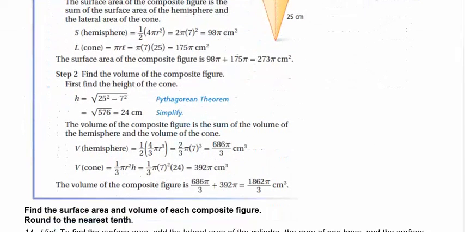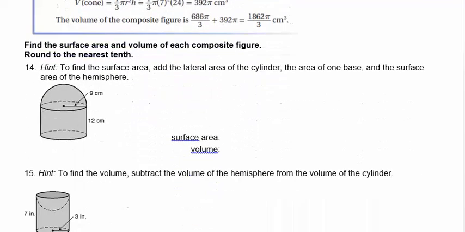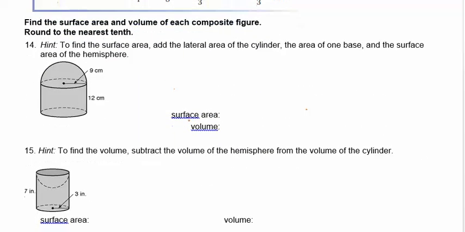And then finally, we have some examples with a composite figure. You have to find both the surface area and the volume. So for surface area, we don't need to include this. We're going to need the surface area of the hemisphere. The formula for surface area is 4 pi r squared, but we only need half of that.